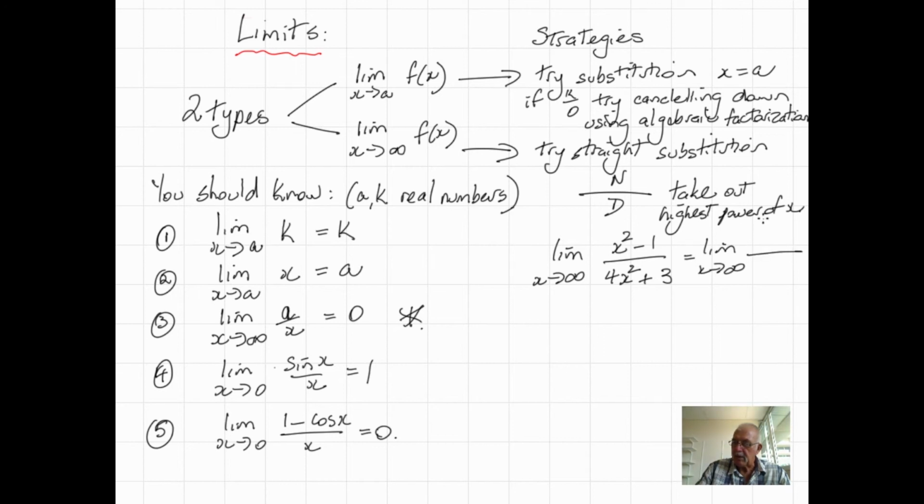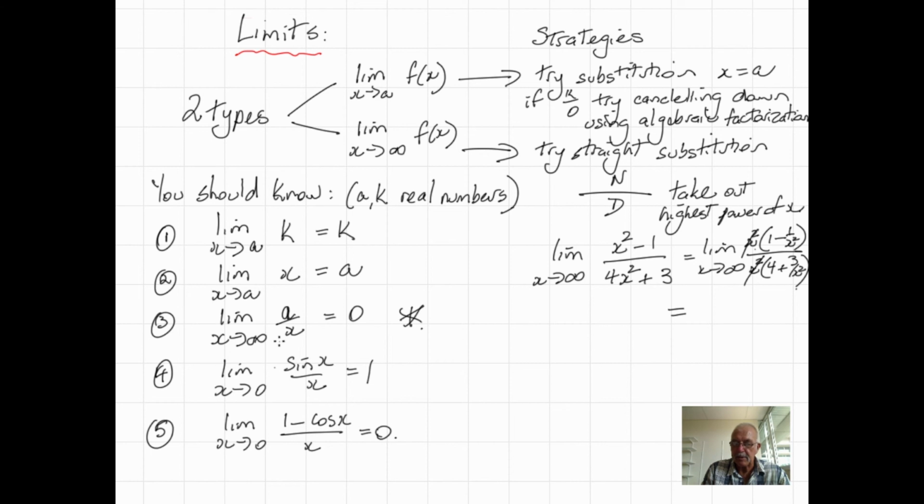Now the highest power of x is x squared. 1 minus 1 on x squared will be my factorisation of the top, taking out the highest power of x, so x squared is common up here. And down here it's the highest power of x. Down the bottom we've got x squared outside of 4 plus 3 on x squared. These x squareds will cancel. And now when we substitute in, you keep writing limit till we substitute in.